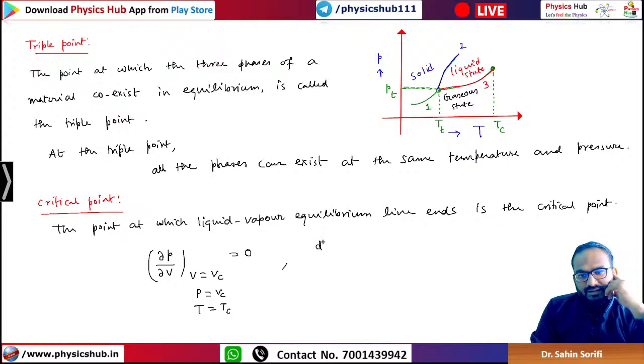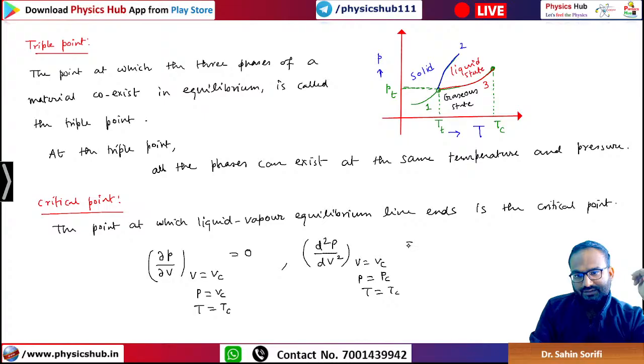In a similar manner, d square P by dV square at V equals Vc, P equals Pc, T equals Tc will also be 0.